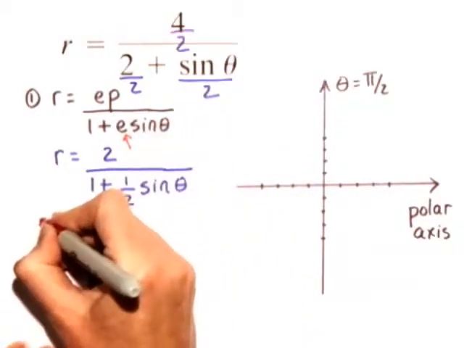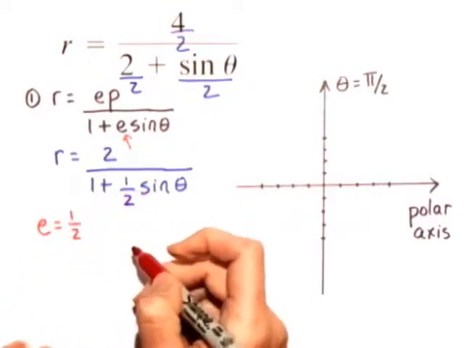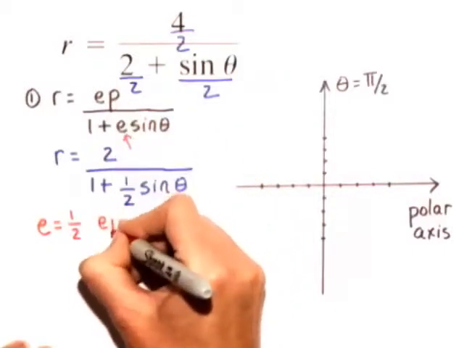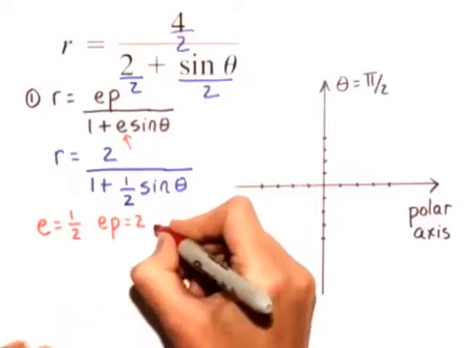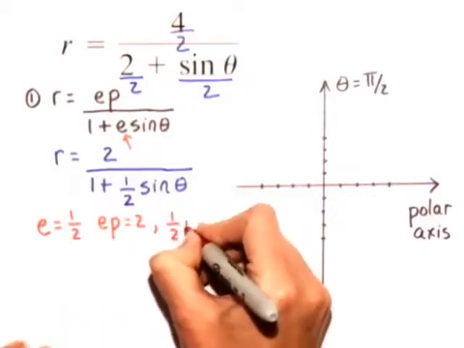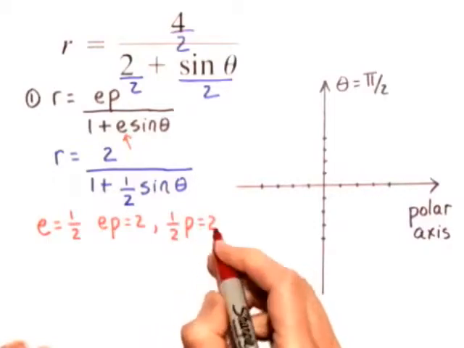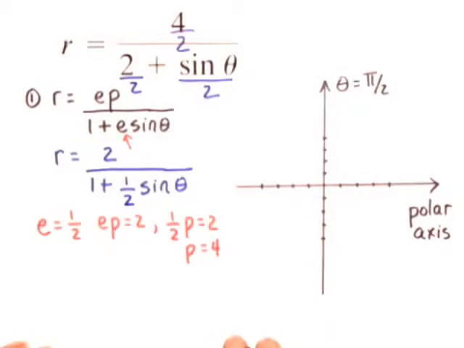So we can say that e is equal to 1/2, and e times p is equal to 2. If we substitute 1/2 in for e, then we get 1/2 p equals 2. And if I multiply both sides of the equation by 2, I get p equals 4.